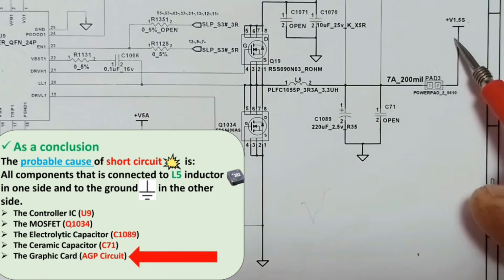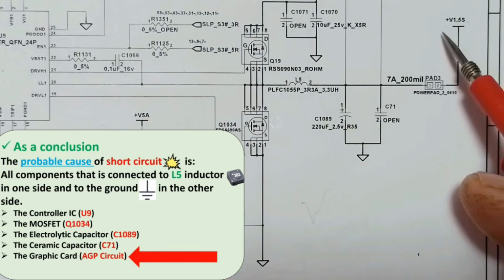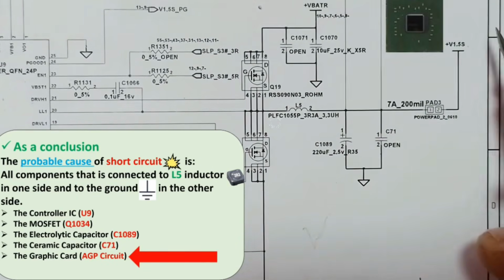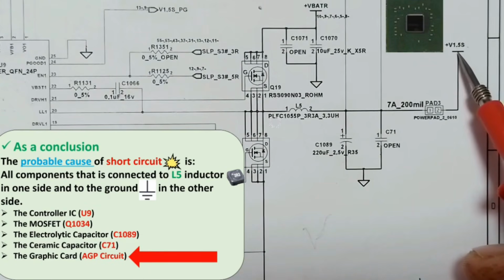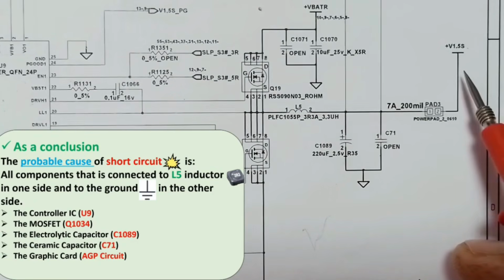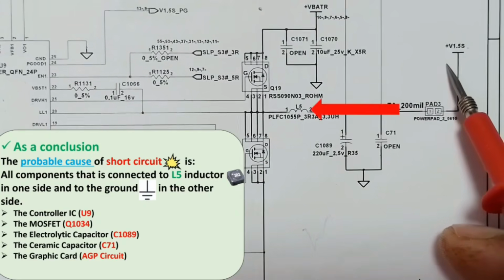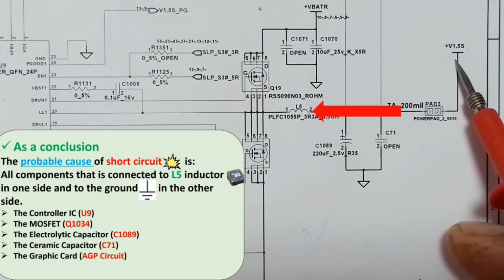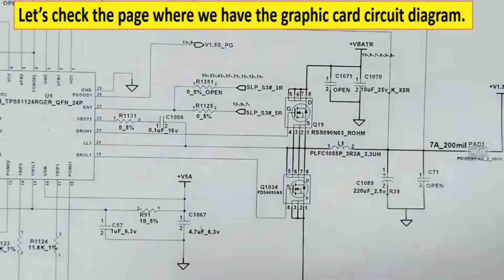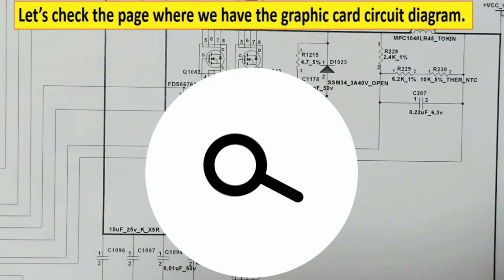And of course on this side, the graphic card, because this 1.5 volt is the power for the graphic card, which means the graphic card could also be the shorted component. So all components connected to the ground on one side and to the L5 inductor on the other side could be the shorted component. So let's check the page where we have the graphic card.